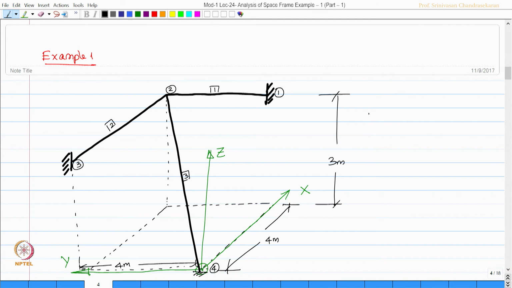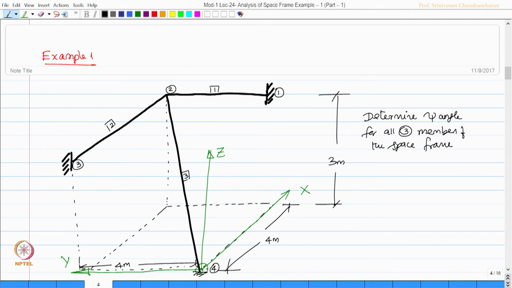Now, the question asked is: determine the psi angle for all the 3 members of the space frame shown in the figure.